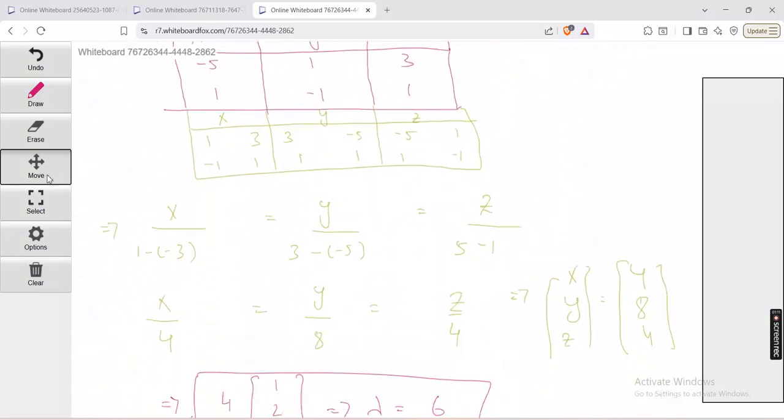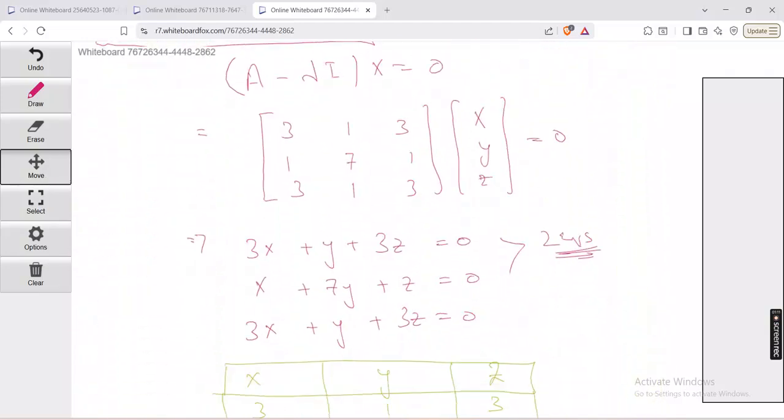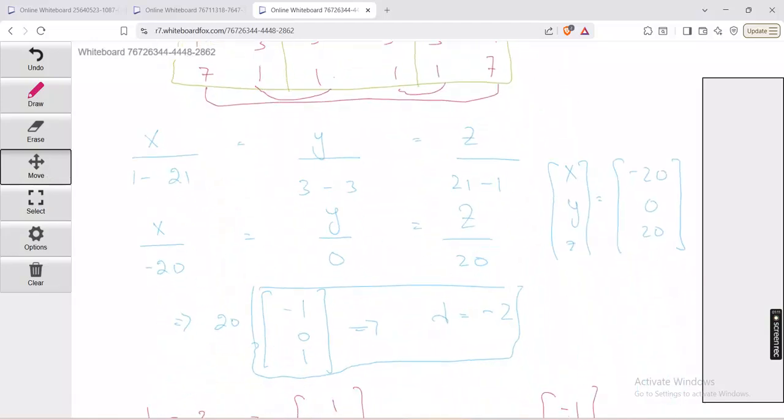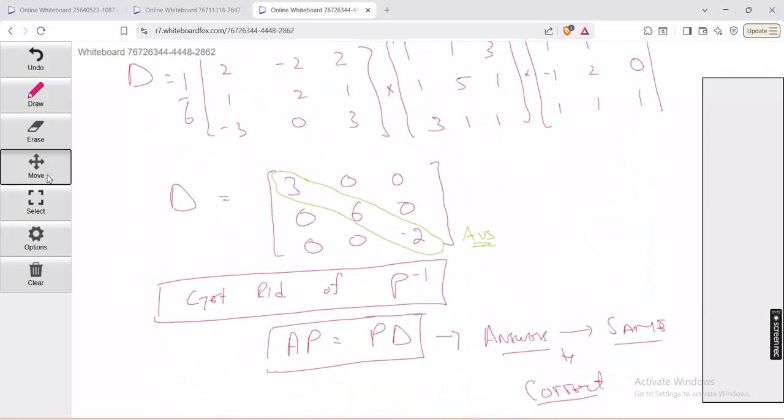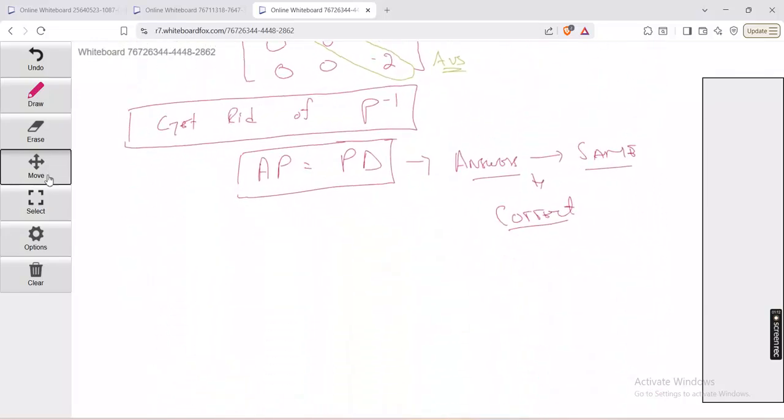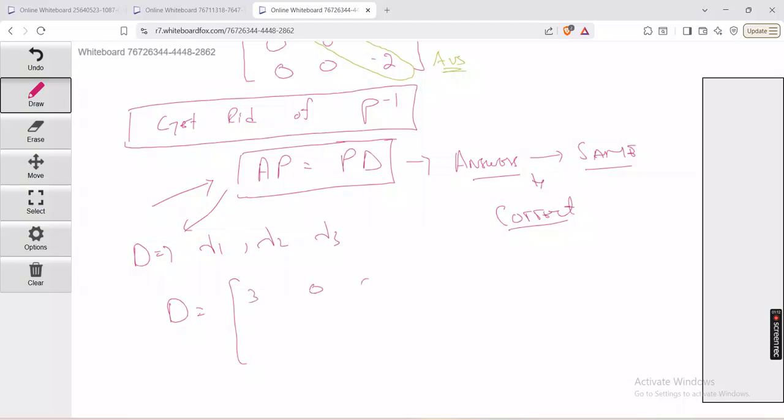So don't be confused that I didn't find the inverse of a matrix, how can I get D. So this is how you will get D. Your D is lambda 1, lambda 2, lambda 3. So your D matrix will be what? 3, 0, 0, 0, 6, 0, 0, 0, -2.